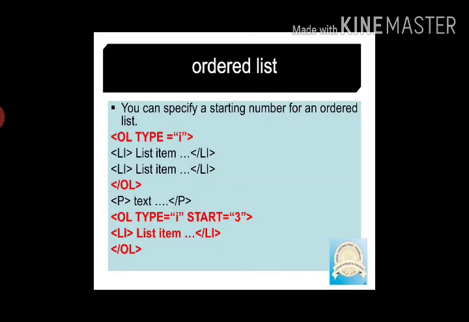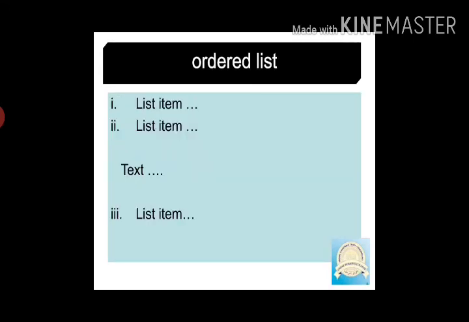And in my second ordered list, I use two attributes. The first one is type equal to small letter i and start equal to 3, which means my list starts with 3 in Roman numerals. The output is shown like this.